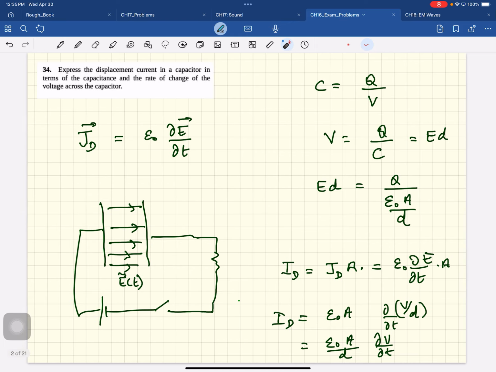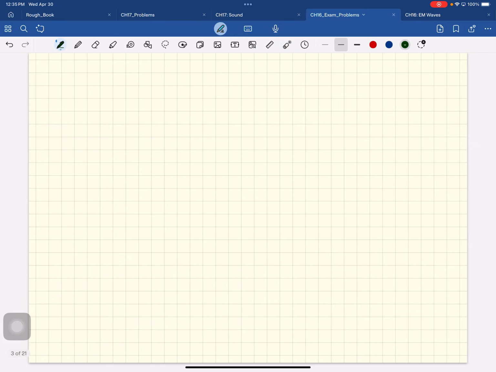Okay. So the displacement current is the capacitance times del V by del T.